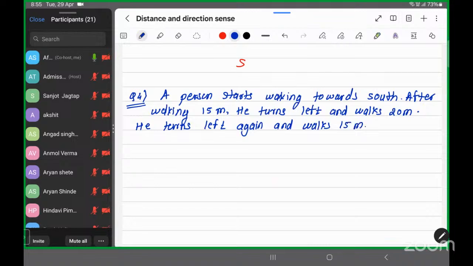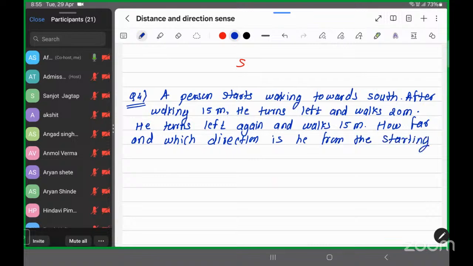How far and in which direction is he from the starting point?